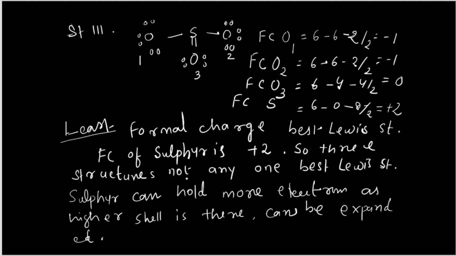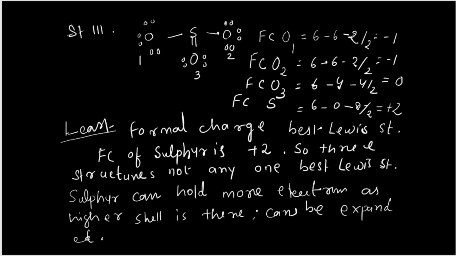So none of the 3 structures shows the best Lewis structure, because everywhere sulfur has a +2 charge. Sulfur can hold more electrons as a higher shell is there, it can be expanded.